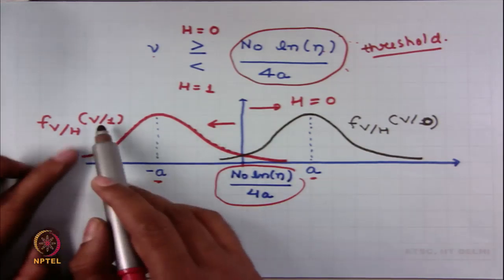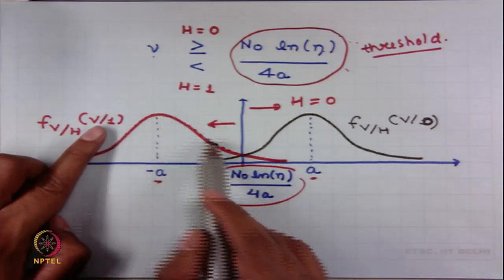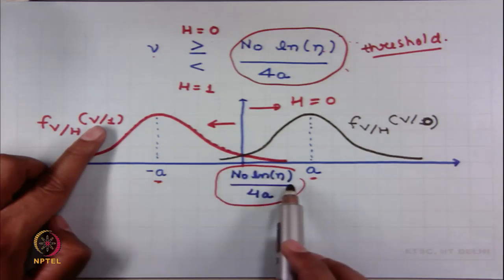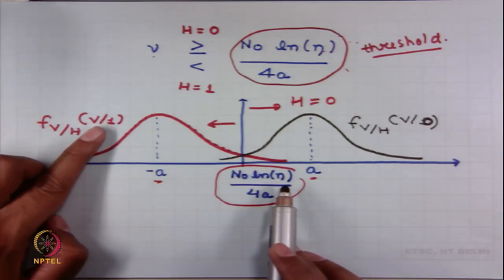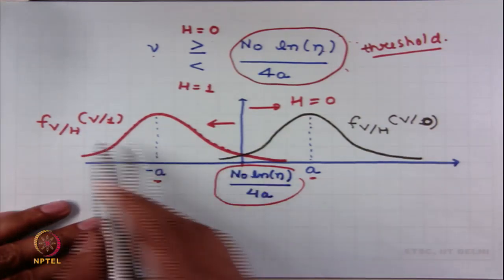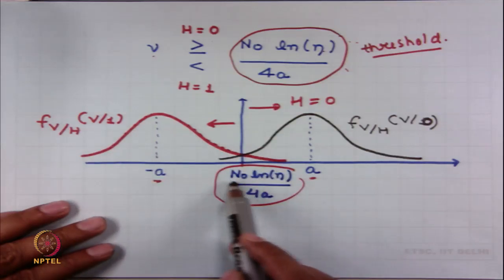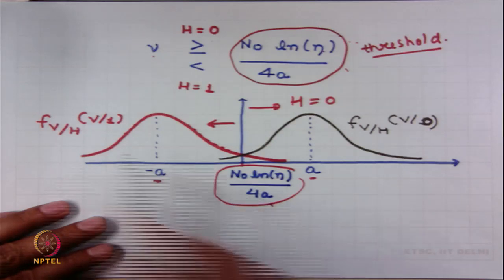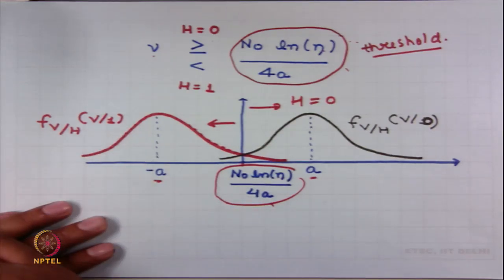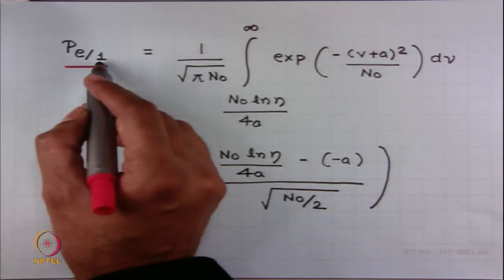You see that even if hypothesis 1 has been transmitted, there is a possibility that the received numerical value might exceed this threshold, and that will create errors. That error is given by the probability that the random variable's numerical value is larger than this threshold when 1 has been transmitted, and we can easily calculate it.